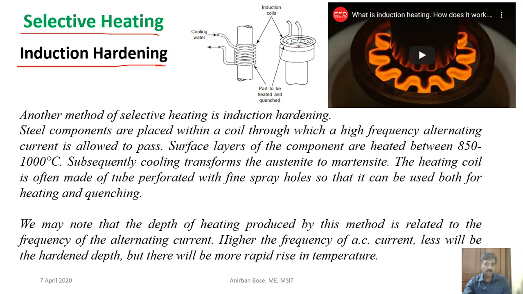This is the induction hardening. It is the same principle as in a normal induction heater, and very high control is possible by induction heating, and if you see it you will understand it.